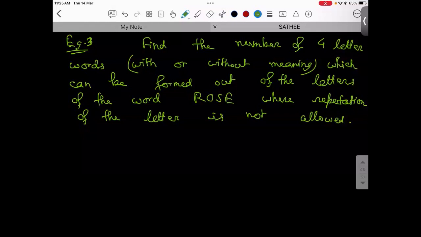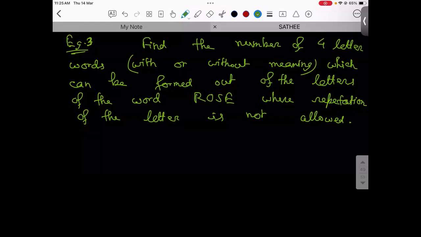Okay. So what is the question? It is stating that we have to find how many words I can form using the 4 letters R O S E, which have meaning or have no meaning. We just combine those letters, and we may get some word that may or may not have meaning.